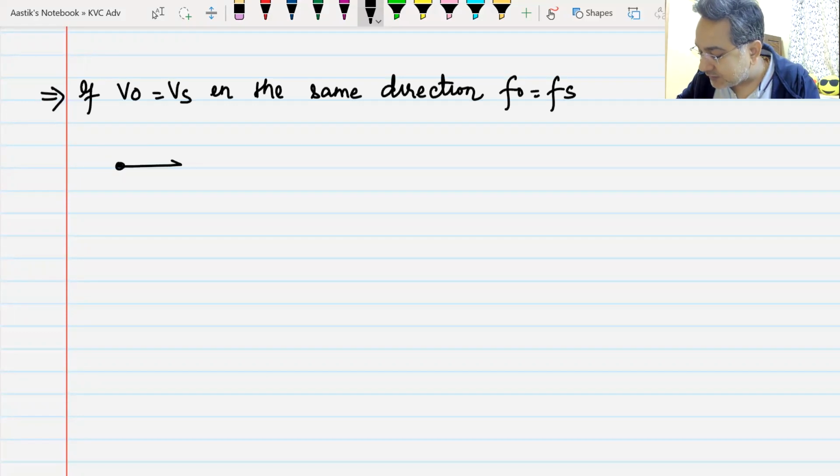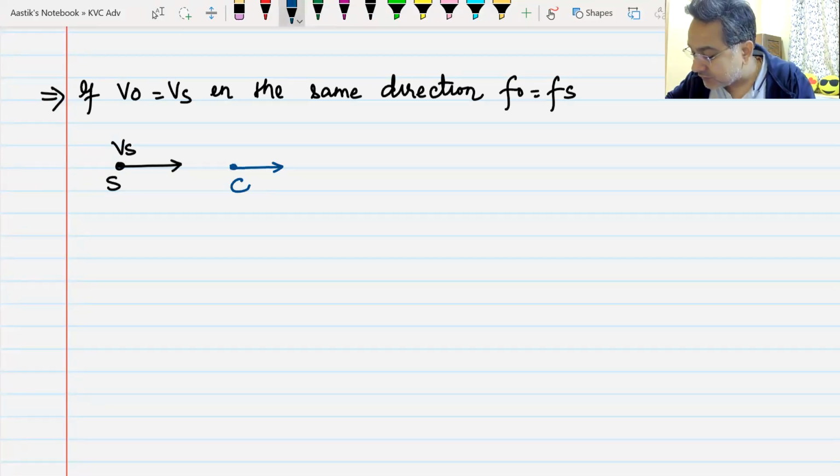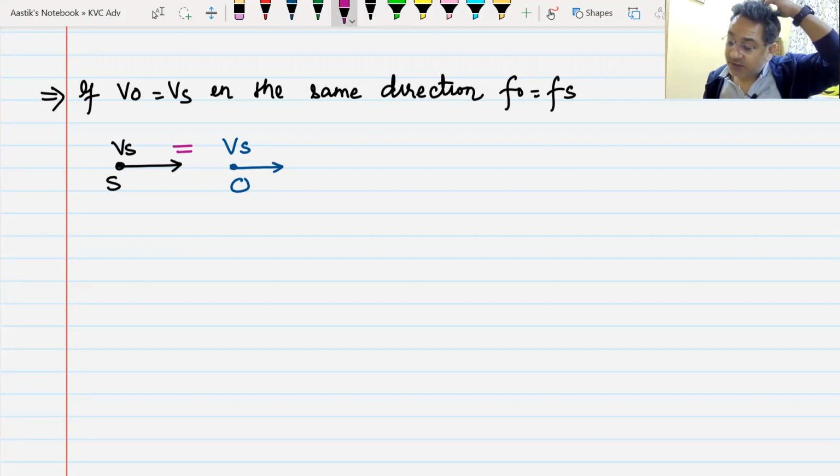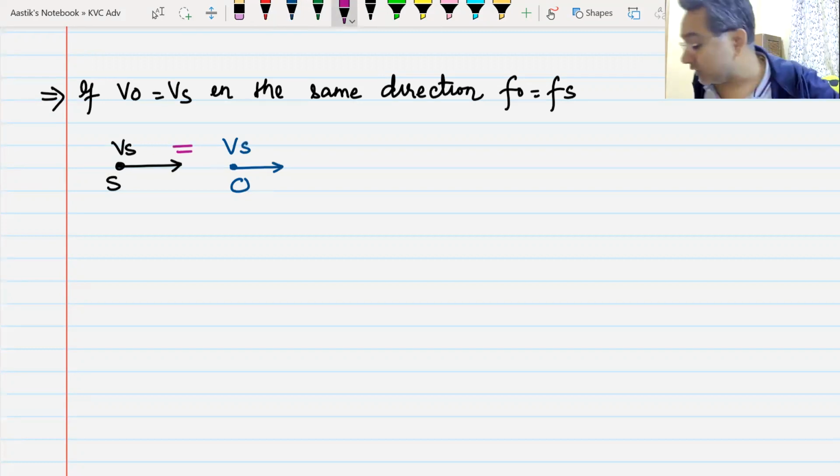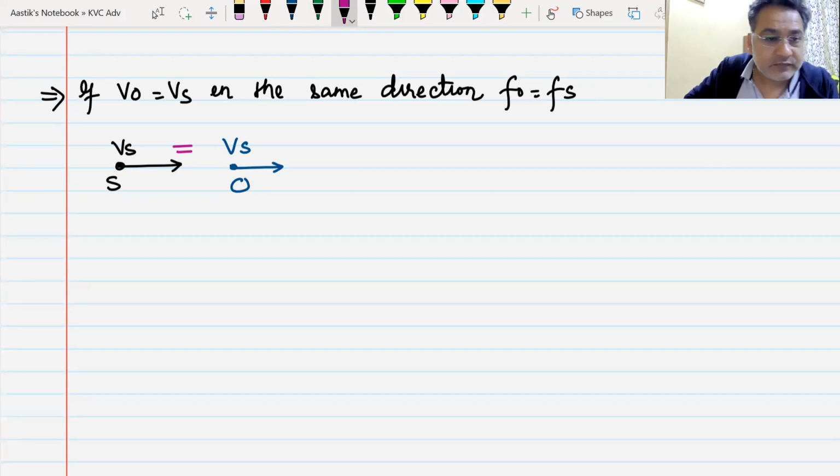That means the source is moving with Vs and the observer is also moving in the same direction with the same velocity. Both are equal. There is no relative motion, so there is no Doppler effect.